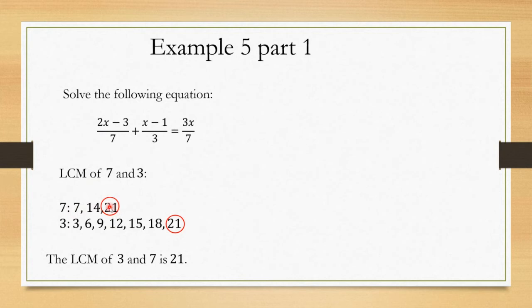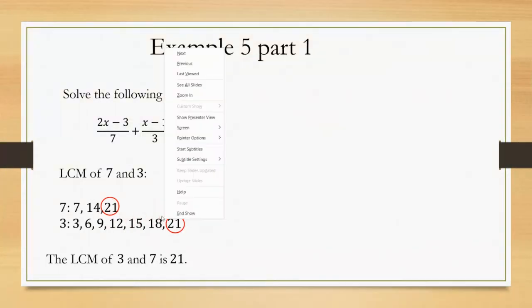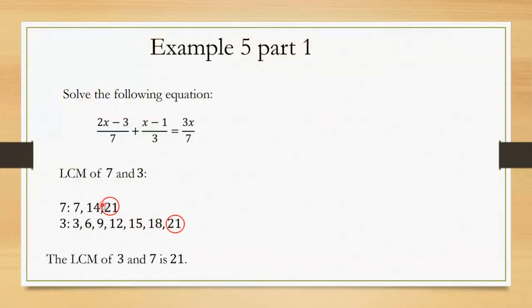But let's make sure there's no other multiples that work. So let's list the multiples of 3. We have 3, 6, 9, 12, 15, 18, 21. And you can see that the first number in both lists is 21, right?